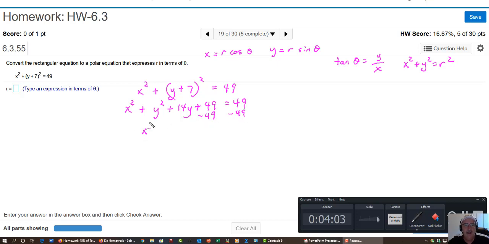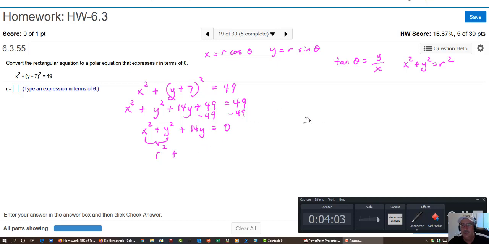And you will have x squared plus y squared plus 14y equals 0, and if you're looking up here among these four, you might start seeing some things. Now here, x squared plus y squared, remember we want everything in terms of r, is r squared, plus 14y.